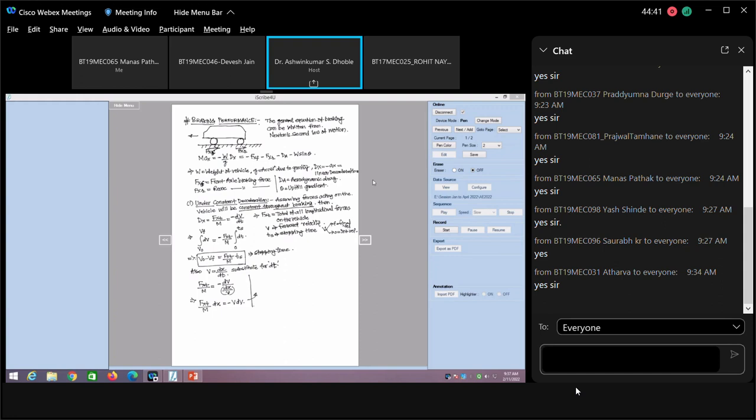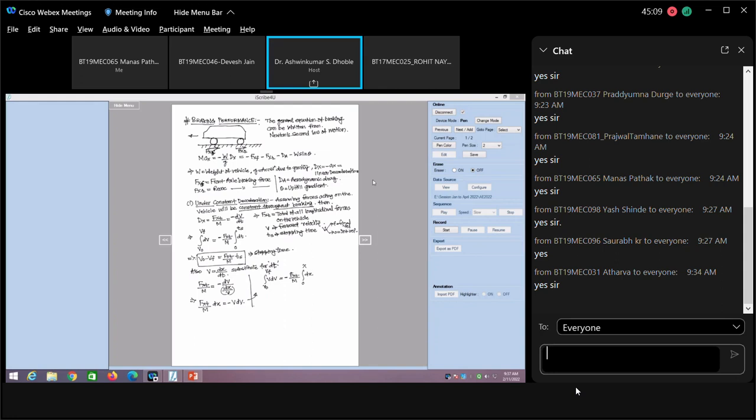So integrate this equation, v0 to vf, v dv is equal to minus Fxt divided by m, integral 0 to stopping distance x dx.